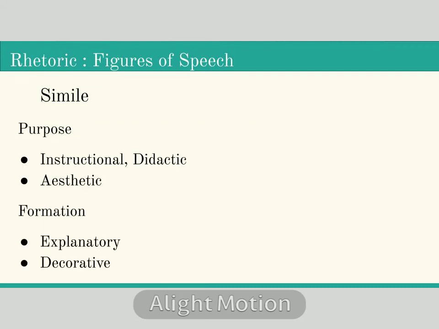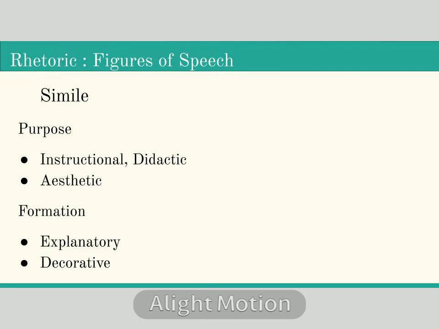So now if we think about the purpose of using a simile, there can be a couple of different purposes. First, a simile can be used to explain something, to make something easier to understand. And this is mainly used when we are using simile to instruct someone.